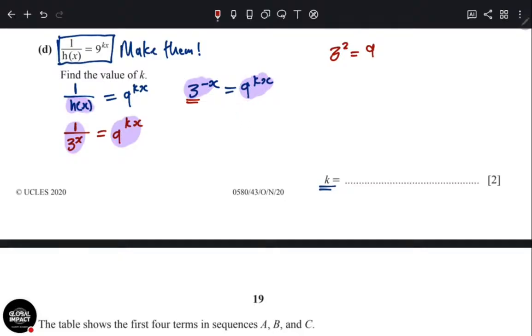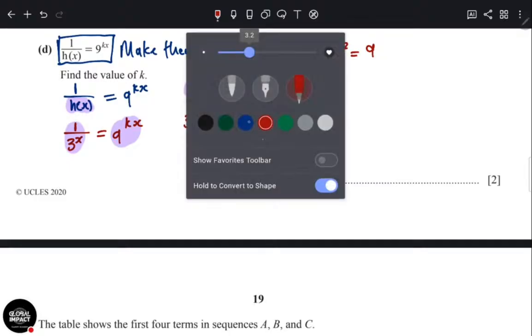So we can say 3 to the negative x is equal to 3 squared, and this is going to be to the power of kx, because it was 9 to the kx. So it will be 3 squared to the kx. We are going step by step. We have replaced 9.